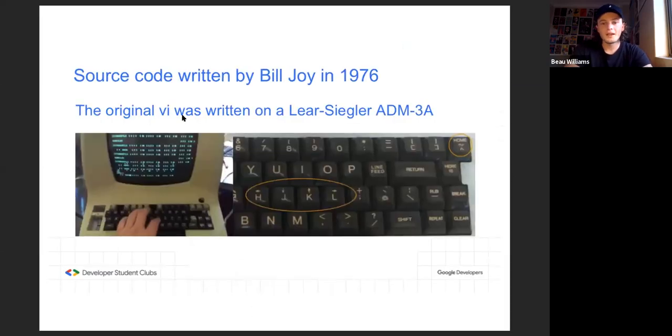And here's a great example, and a really good tidbit for any of you that love Unix. If you've ever noticed that Unix home folders start with a tilde, there's a reason for that. On the Lear Siegler ADM-3A, the home key had a tilde on it.